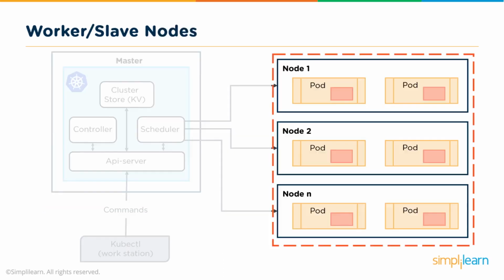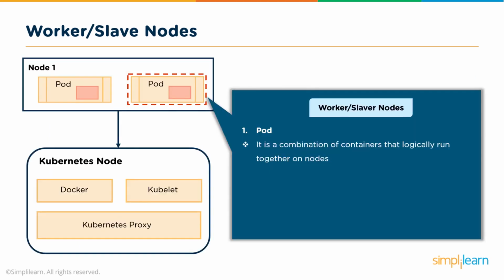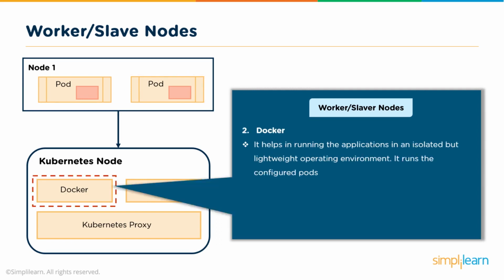So your node environment is where all the work that you do with your containers gets pushed out to. A pod is a combination of containers, and each container will then logically run together on that node. So you'd have a collection of containers on a node that all make logical sense to have together. Within each node, you have Docker, which is your isolated environment for running your container.